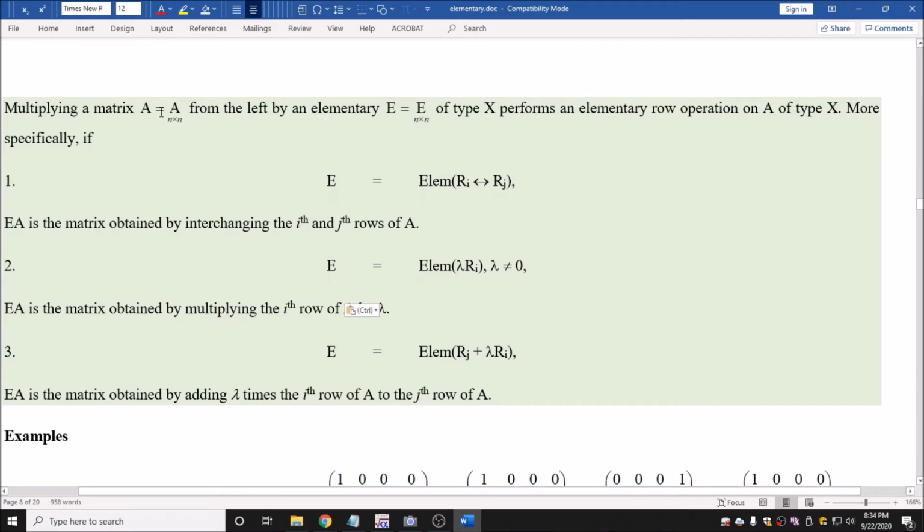Multiplying a matrix A from the left by an elementary matrix E of type X performs an elementary row operation on A of the same type X.